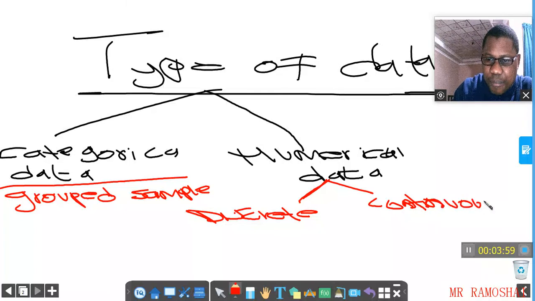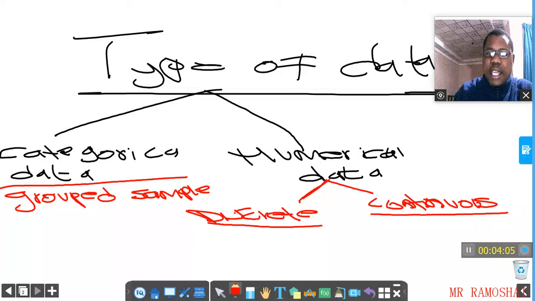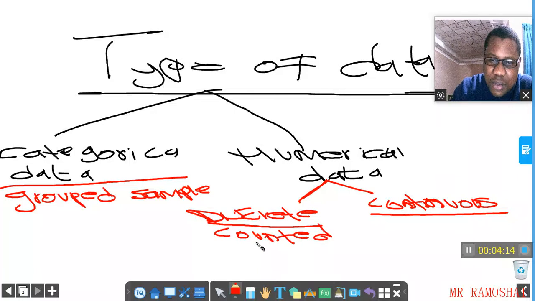Let me start with the discrete. A discrete data is data that can be counted. Every time we talk about data that can be counted, we talk about discrete data.